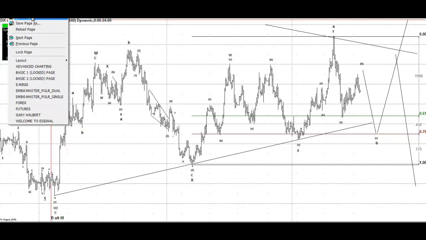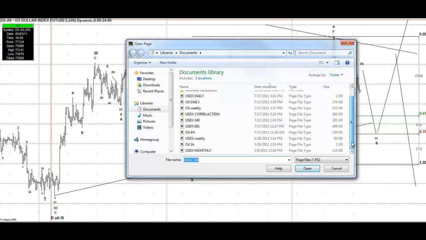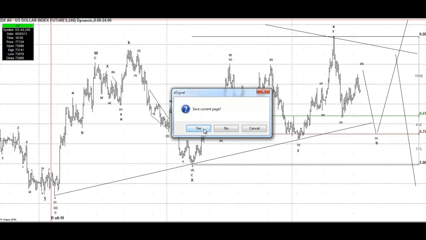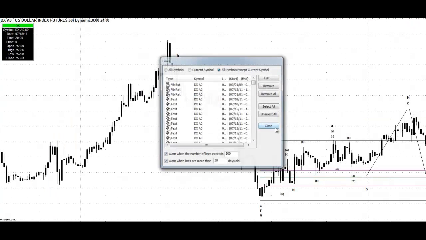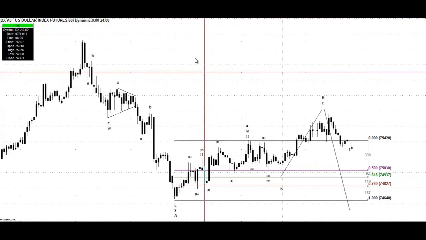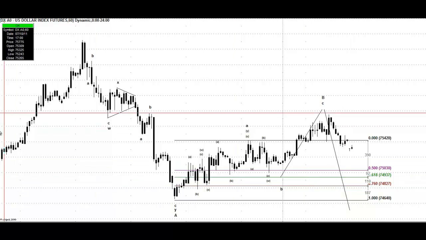In the 1-hour dollar, what we see is exactly what we proposed yesterday. What we said is that the dollar is going to reach here, and it's going to start selling.